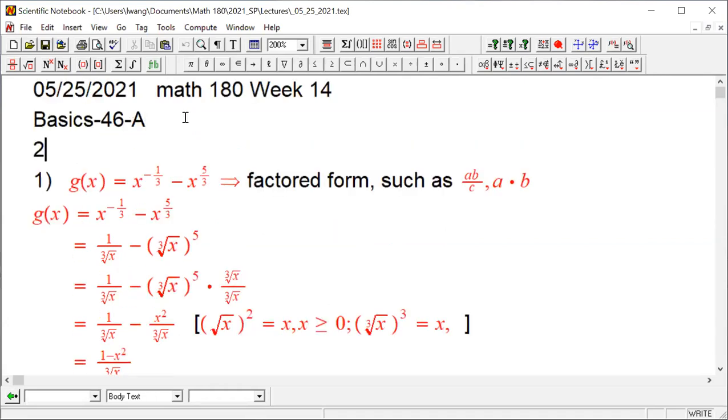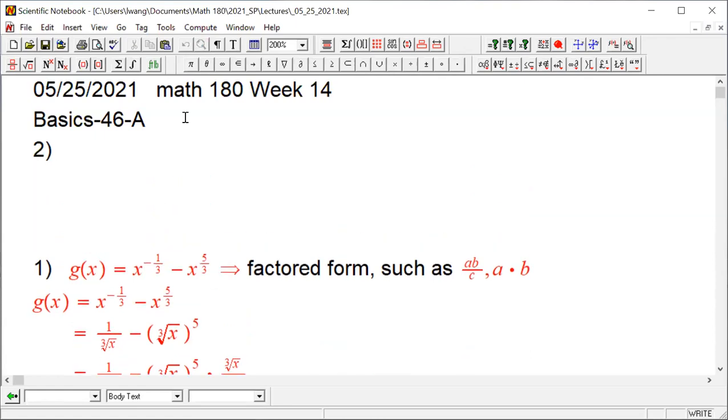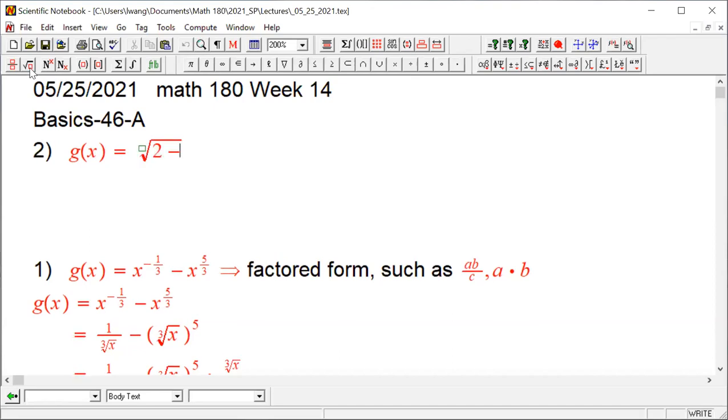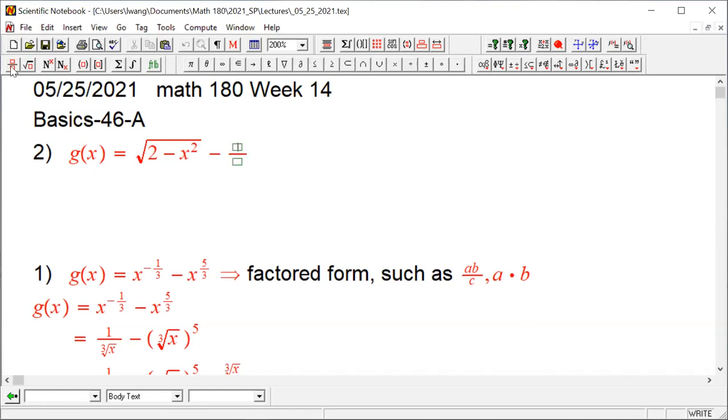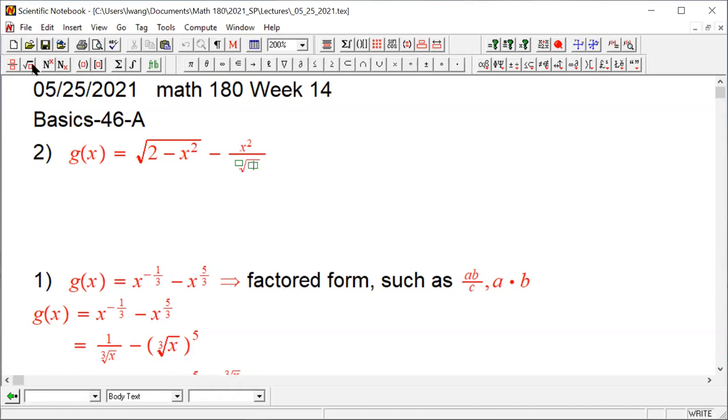Number 2. We have g of x is equal to 2 minus x squared minus x squared, and so on.